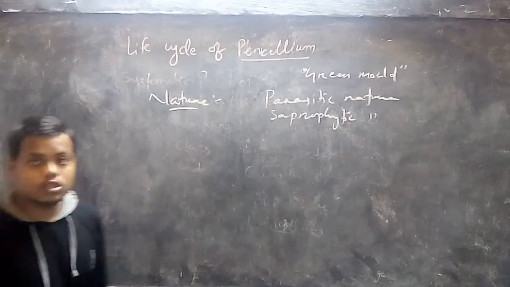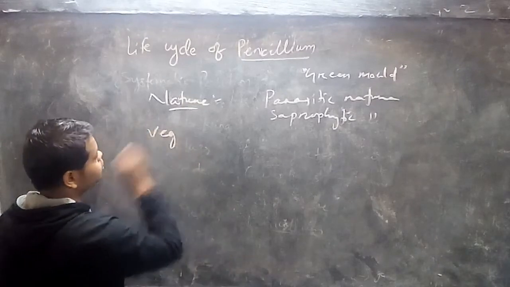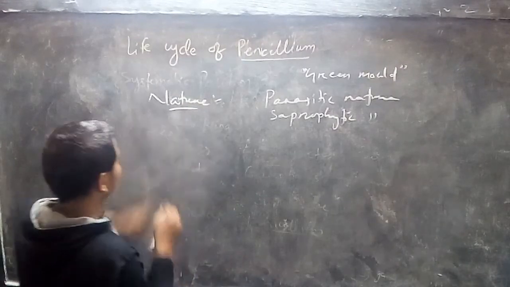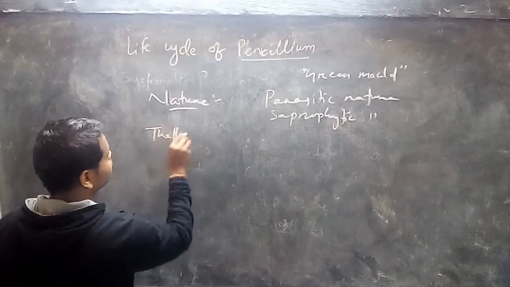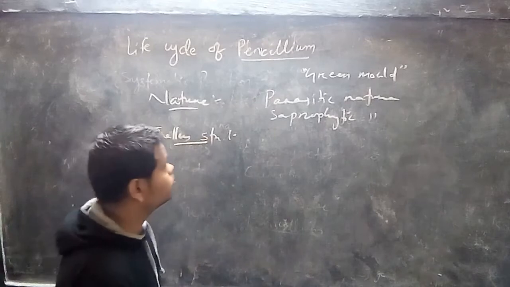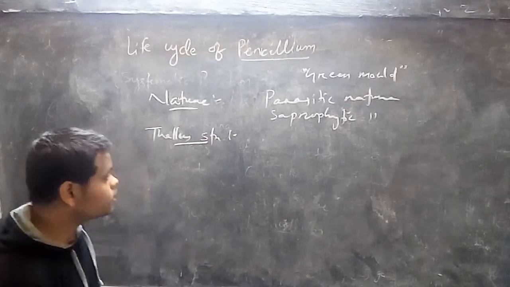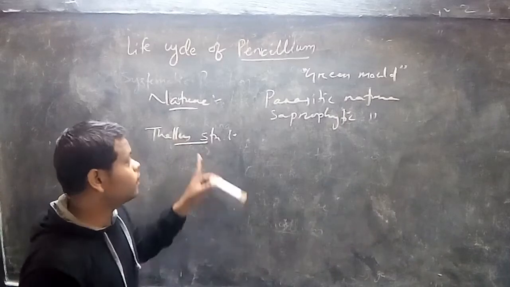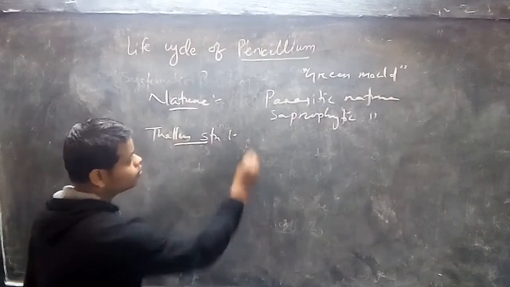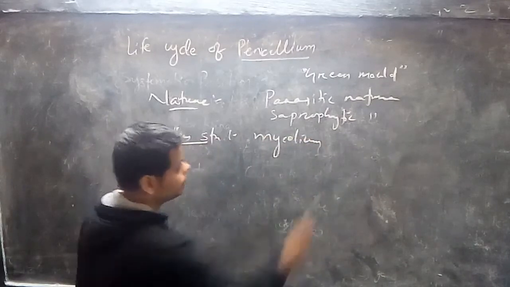Then we are going to discuss the vegetative structure of Penicillium, or thallus structure. Penicillium is a mycelial fungus. That means the thallus body of Penicillium is made up of mycelium. These mycelium are made up of hyphae.